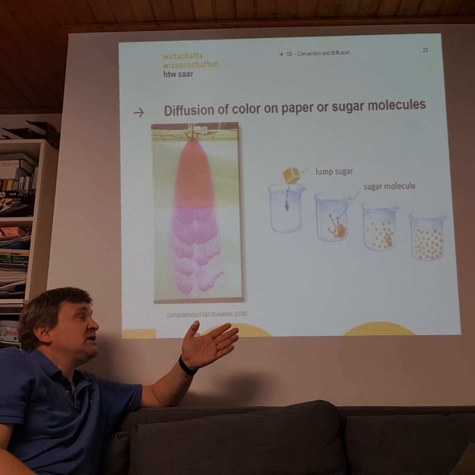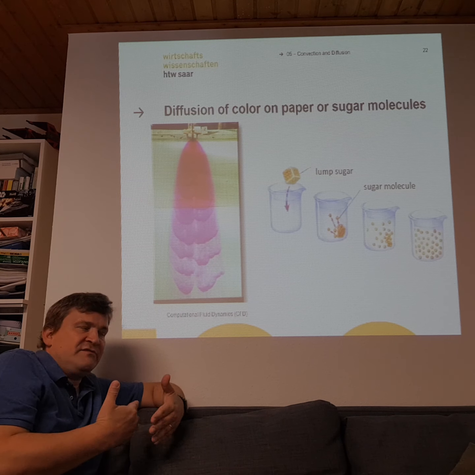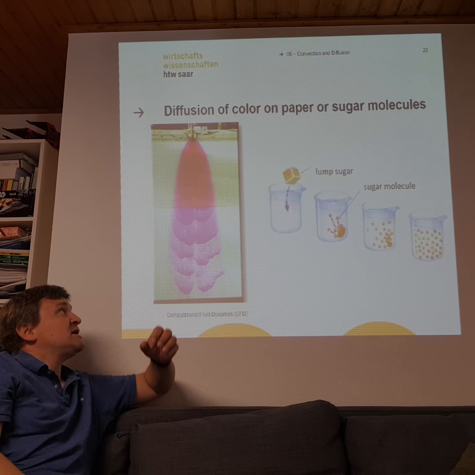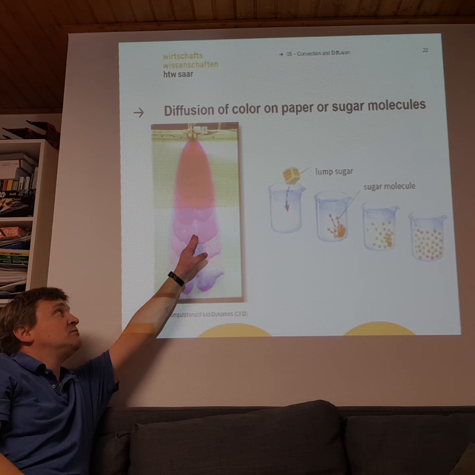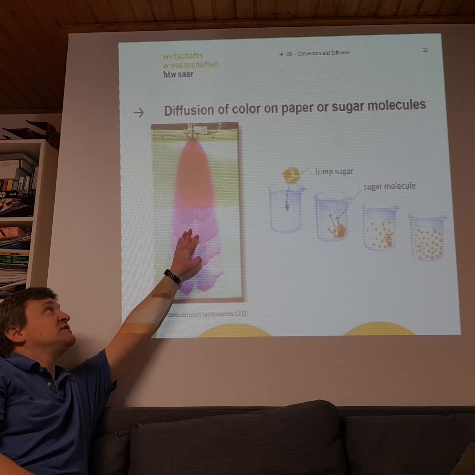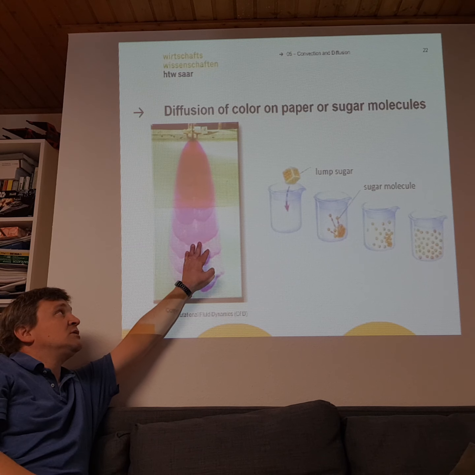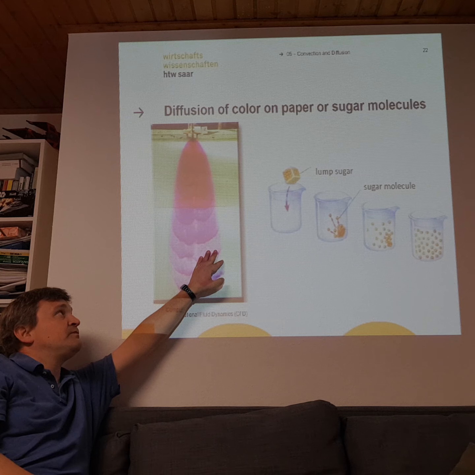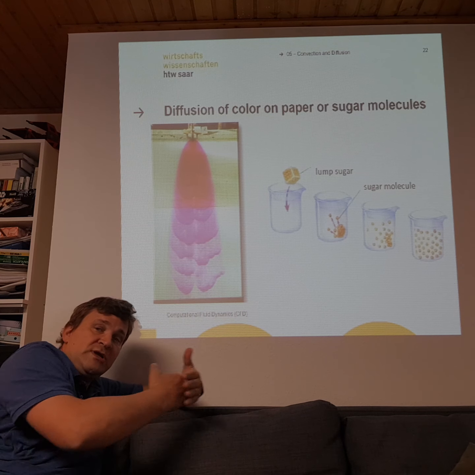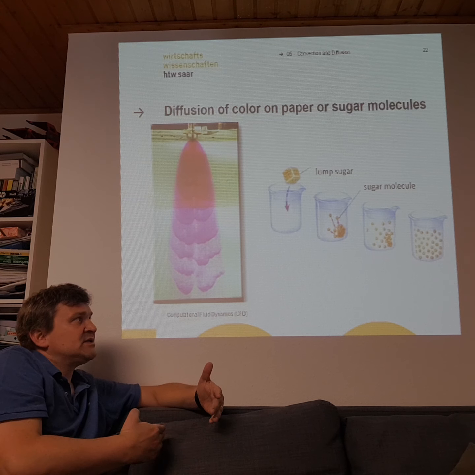Now the ink from the pen is mixed with the water, and you will have a convective movement of this ink, of course, but you will also have a diffusive movement of the ink into the direction 90 degrees to your convective direction.